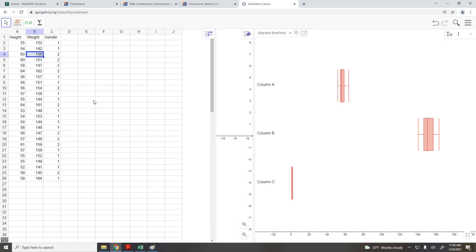You can see the box plot for the height column: the median is very close to Q1. And here also, the median is trying to go towards Q1, and so on.